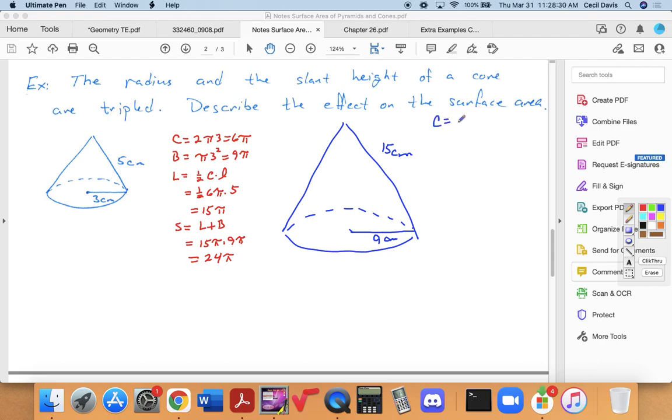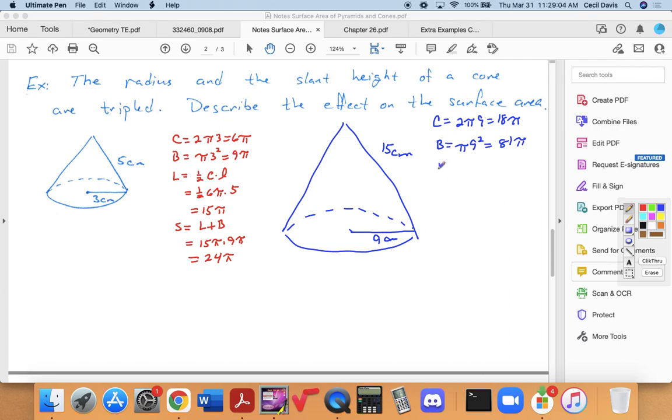The new circumference will be 2 times pi times 9 will be 18 pi. How is that different than the old circumference? Times 3. Yeah, it's 3 times bigger. Circumference is linear, just one unit, right? Then the area of the base would be pi times 9 squared, 81 pi. What do I have to multiply 9 pi by to get 81 pi? 9.